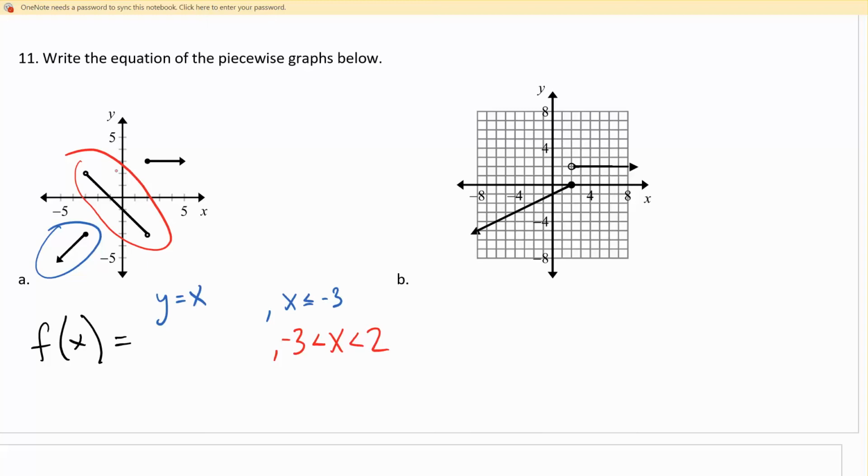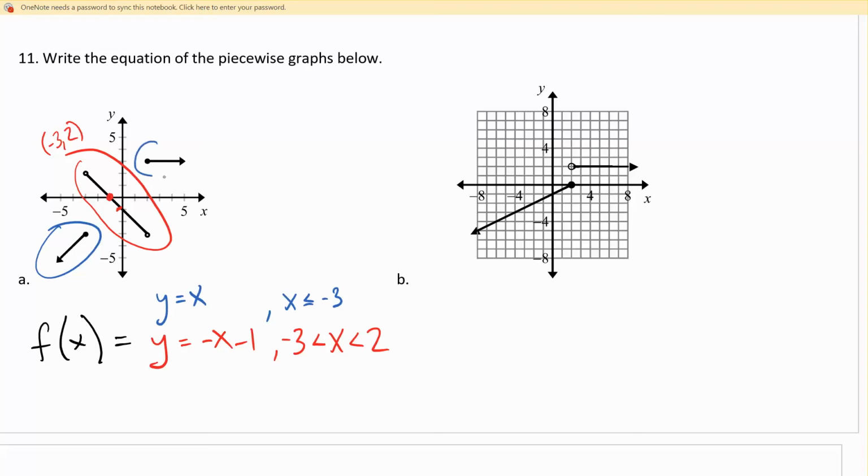This top point is -3, +2, and we're going through -1, 0, so that means we're going down 2 over 2, so that's -1. My equation is just y equals -x, and my y-intercept is -1, so -x minus 1.